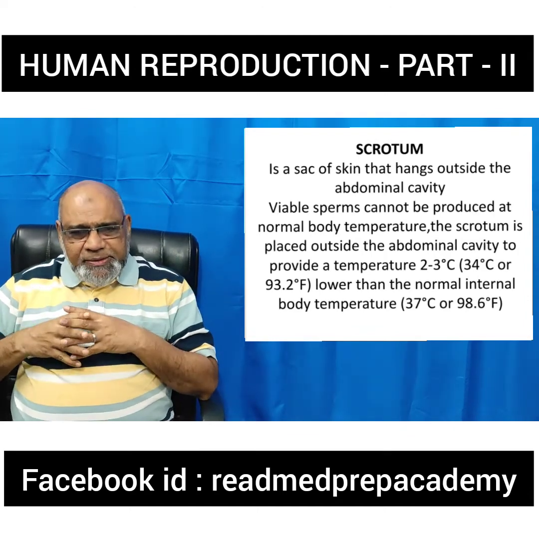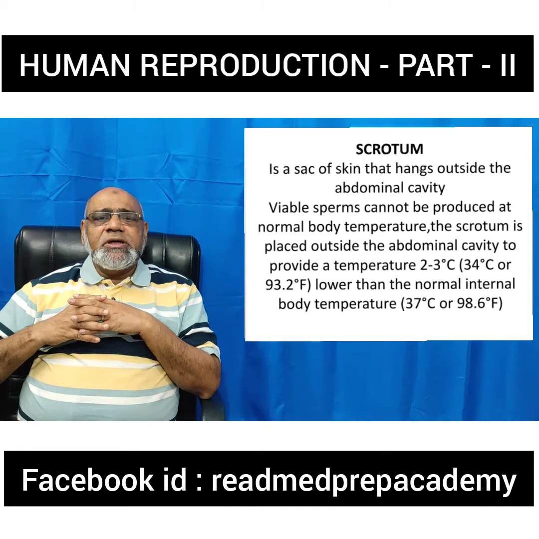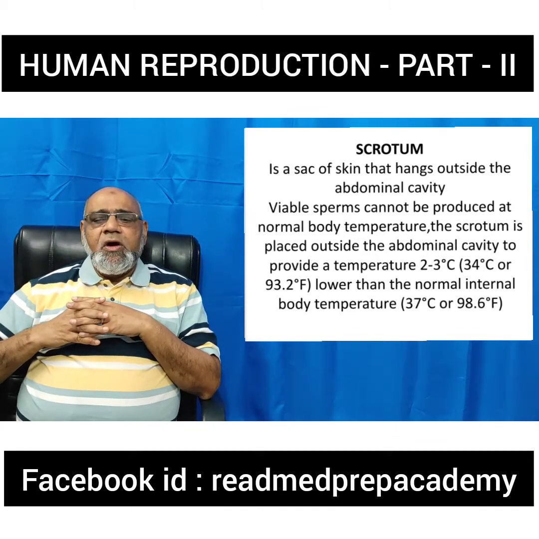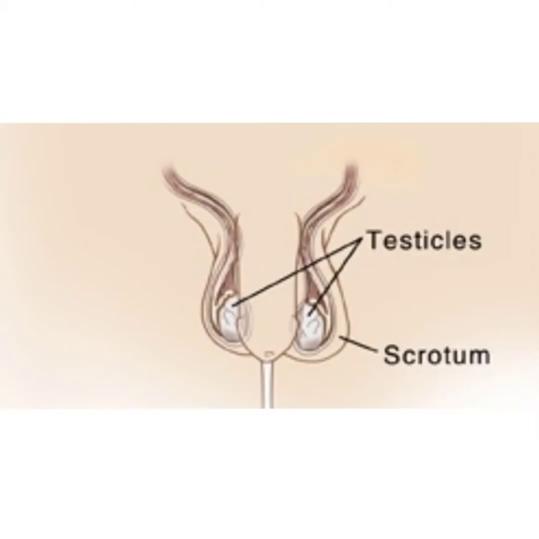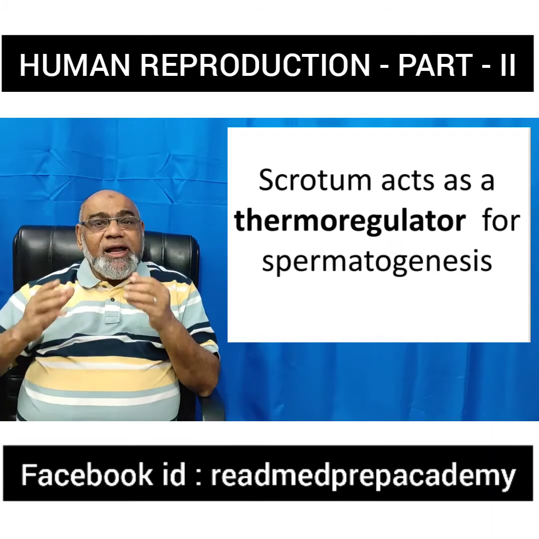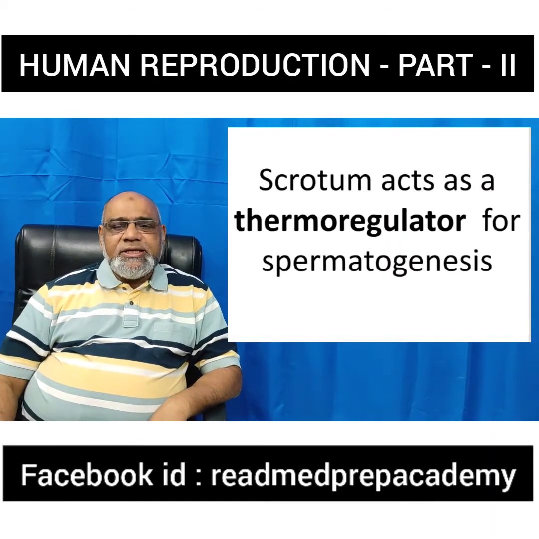The internal body temperature, we know, is around 37 degrees centigrade or 98.6 degrees Fahrenheit. So according to this concept, the scrotum acts as a thermoregulator for spermatogenesis.